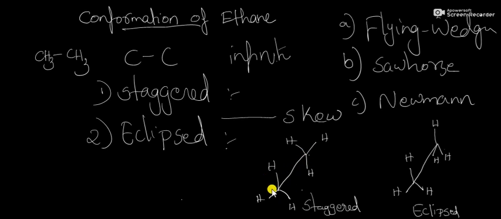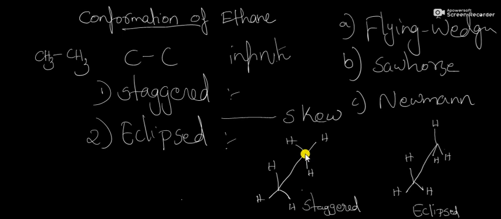The lower left hand carbon is considered as the front carbon, and the upper right hand carbon is considered as the back carbon. So this is the front carbon and this is the back carbon.